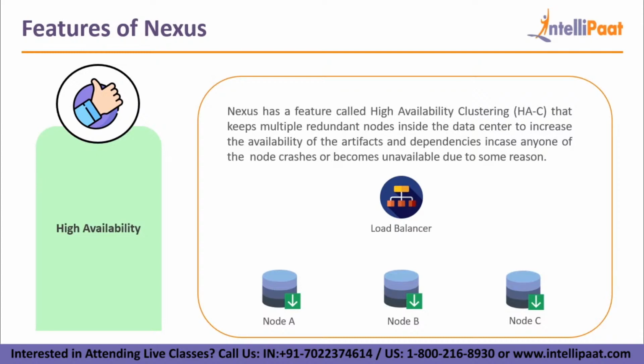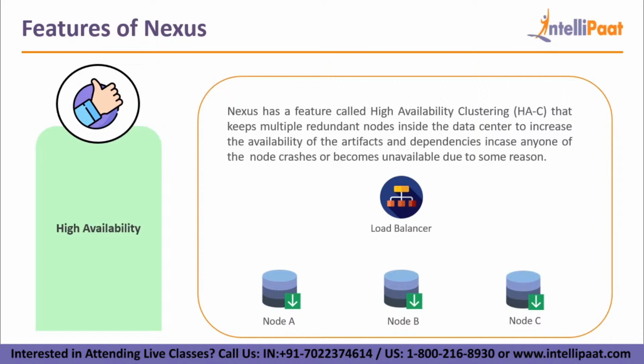So what this basically means is that whenever Nexus stores any artifacts, it does so in a high availability clustering. That means it stores it on multiple nodes. In case one of those nodes crashes or becomes unavailable due to some reason, then you can still access those artifacts using one of the other nodes.